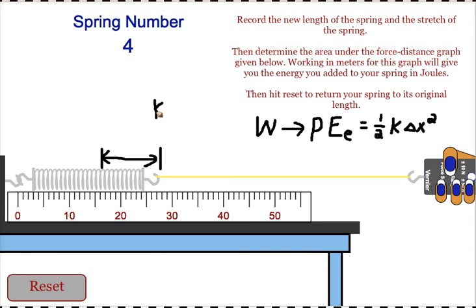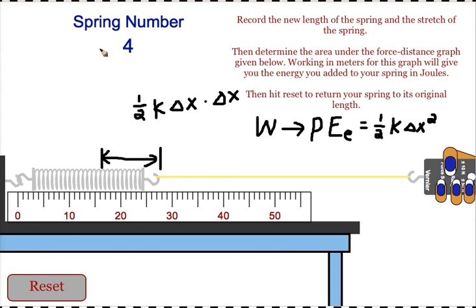That would be k delta x. The average force that we applied, since originally there was no stretch and there was no force needed, is 1/2 k delta x, and we stretched it by a distance of delta x. Okay, so that would be the energy stored in the spring.